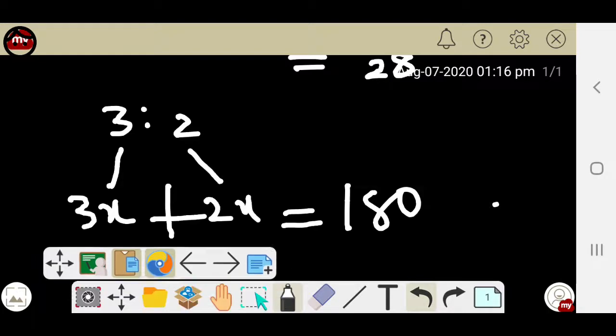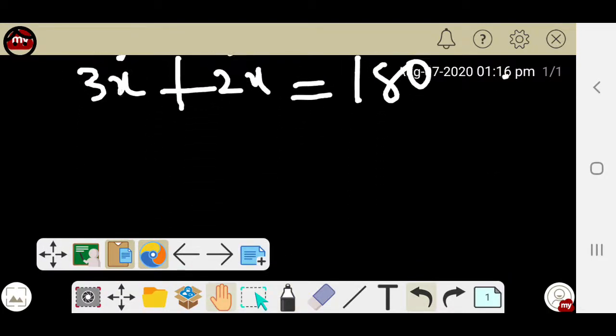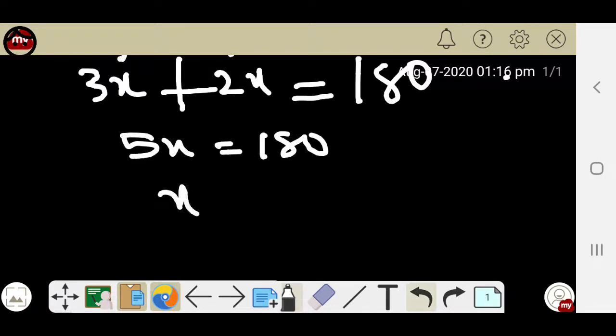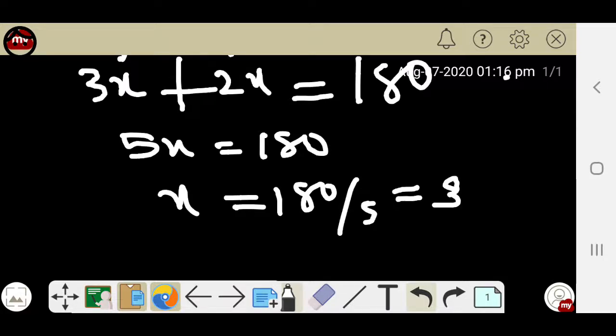Then what we can write? 3x plus 2x equal to 180 means 5x equal to 180. So x equal to 180 by 5. What is 180 by 5? 36. If x equal to 36, we have to find the measure of each angle.